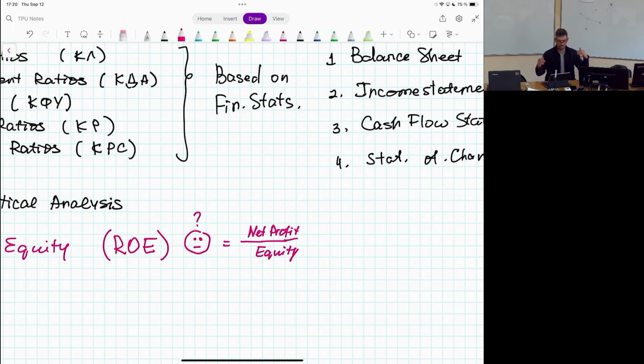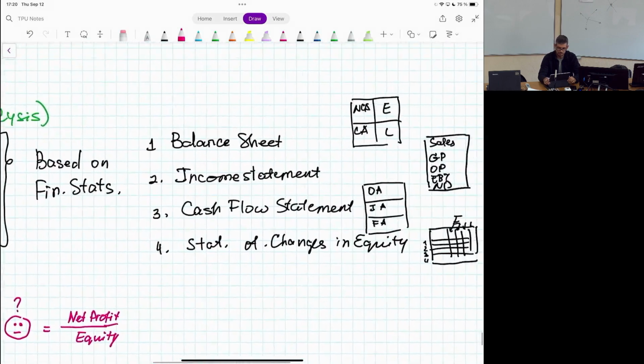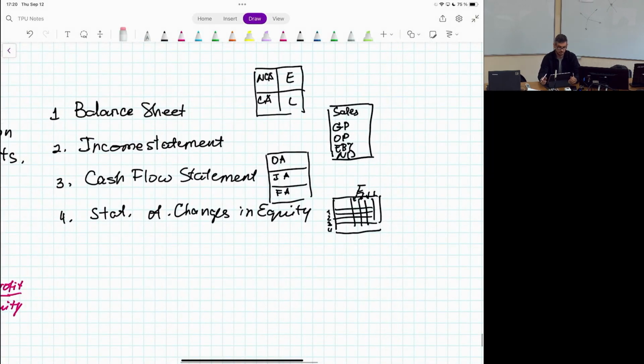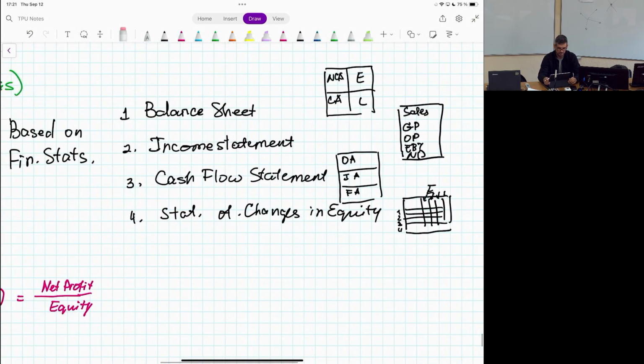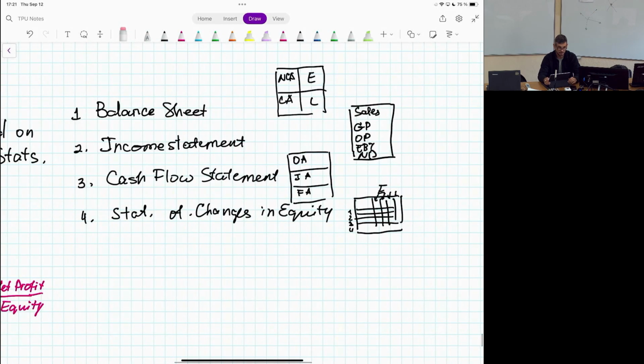And so whenever you see these financial indicators, you start thinking, from which financial statements can I find this indicator? And then you go in your head to this picture. Okay, net profit. Where is net profit hiding?